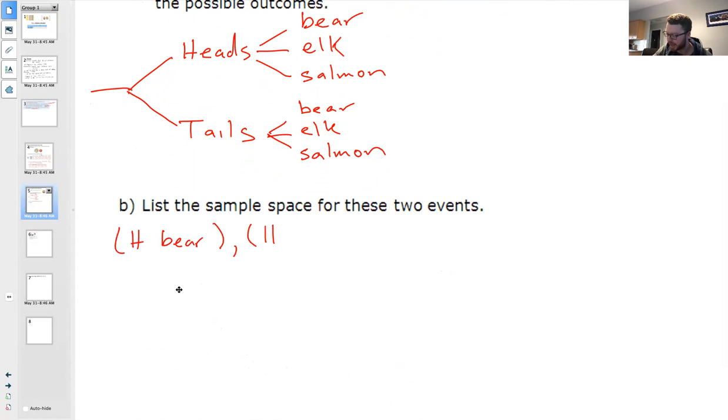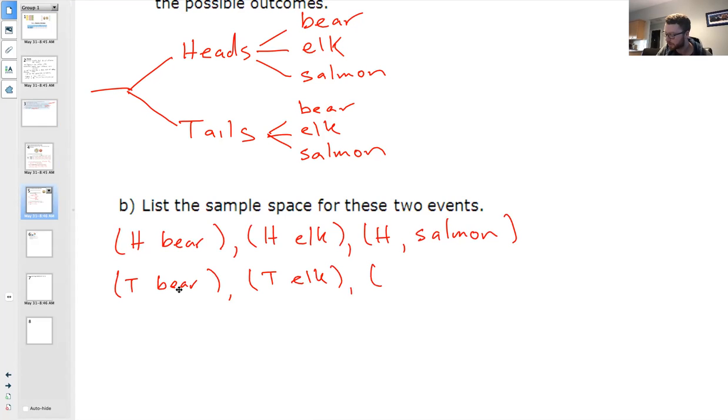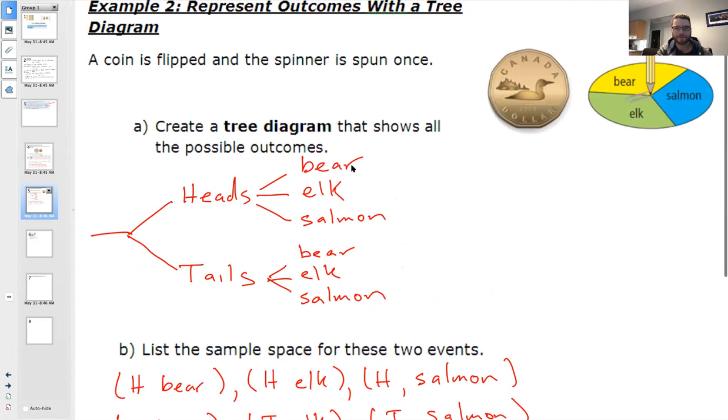We could have heads and elk. We could have heads and salmon. And then we could also have tails and bear, tails and elk, tails and salmon. Okay, so that is the sample space for flipping a coin and spinning the spinner.